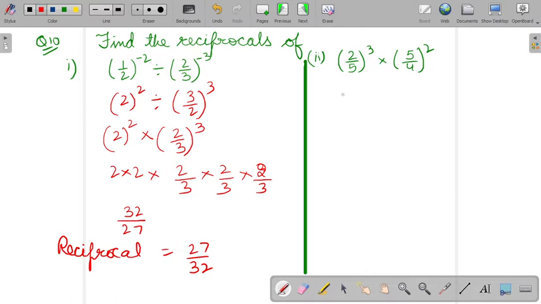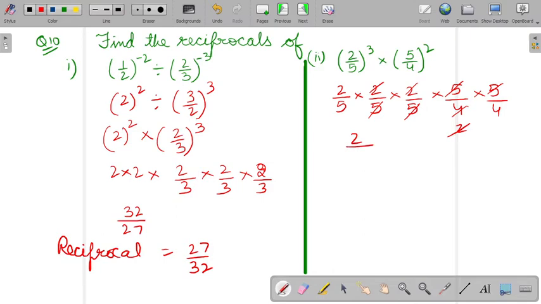In second part, again we will follow the same type of concept. So first we will solve it. So how can we solve it? 2 by 5 3 times. Since we can't apply any law here, we will open the bracket like this itself. So next step, cancel the terms. So whatever be the left out, 2 by 5 multiply 4.